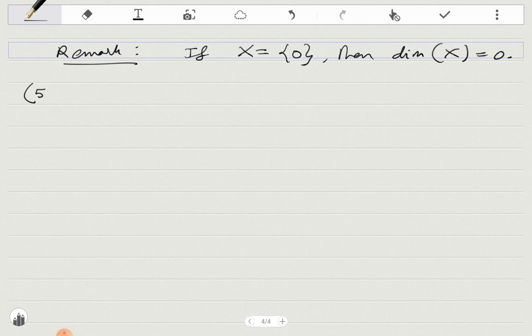The fifth point. Here we define a basis.